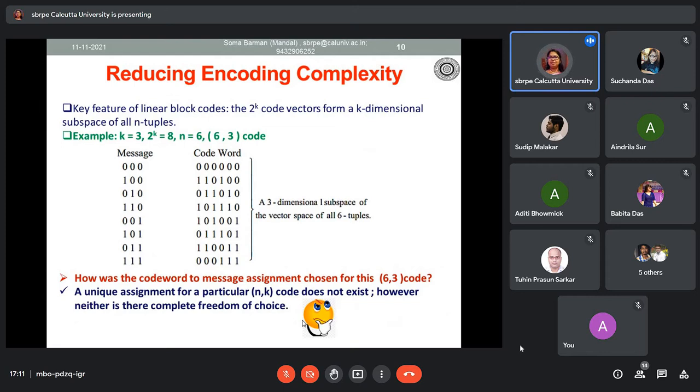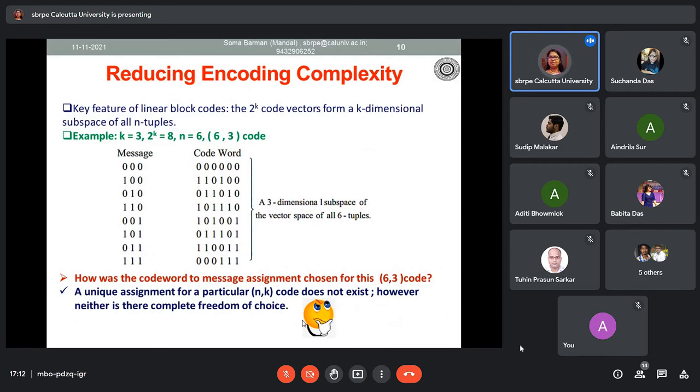Now, I have already mentioned that 2 to the power k message sequences will be uniquely mapped into 2 to the power k code word sequences out of 2 to the power n code word sequences, and it will follow a lookup table. They are uniquely assigned.